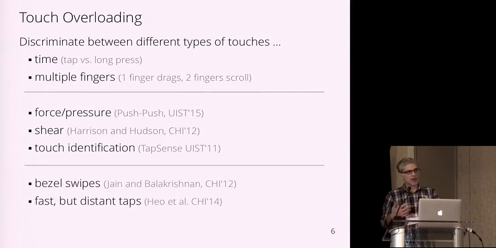And there's a group of work that's looking at basically standard types of touch, but looking at things that are unique or different in how those touches are activated. So bezel touches, a touch crossing from outside to inside the display, and fast but distant taps, which typically don't happen during normal touch input, can be used for this touch overloading purpose. And our work fits into this last class of techniques, so looking at standard touch input, but finding ways to overload by looking at unique types of patterns of touch input.